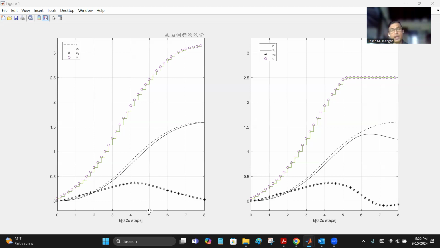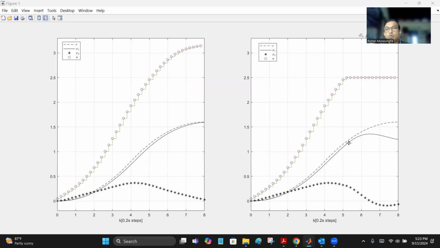At time 5 seconds, the controller hits the limit 2.5, and after that this is the maximum level. The quadprog says you can't have anything more than that. Because of this saturation, we call it actuator saturation.